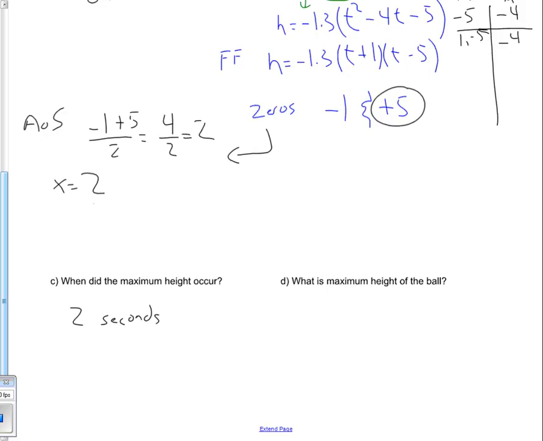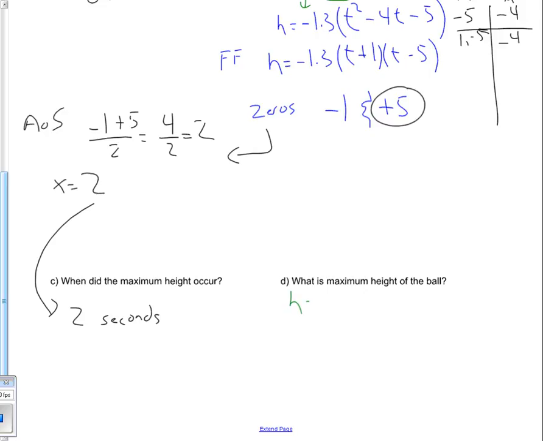So in this instance, the maximum height occurs after 2 seconds, because the x-coordinate of the vertex always tells us when something happens. The maximum height is determined by the y-coordinate of the vertex. And now that we have the x-coordinate of the vertex, we can solve for the y-coordinate of the vertex. So what I'm going to do is take our equation, or one of the equations.